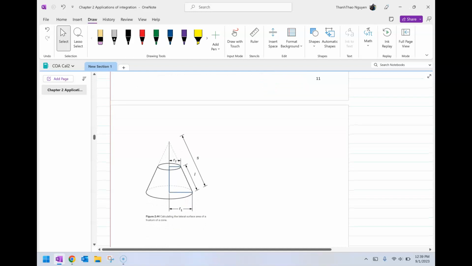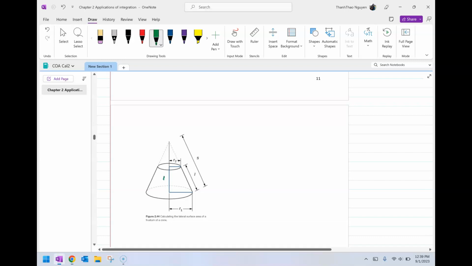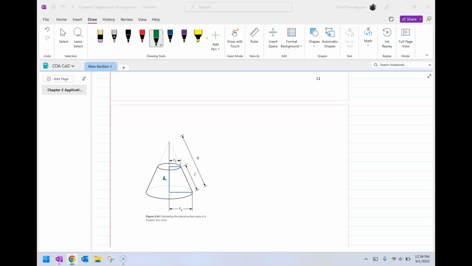Recall that, let's say we are given a circular cone, and this cone has the radius R1 at the bottom, the lateral height is S, and the height of the cone is H. Then the surface area of this cone is given by this formula.